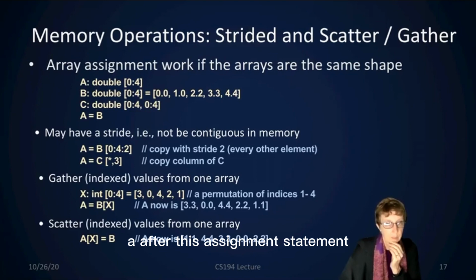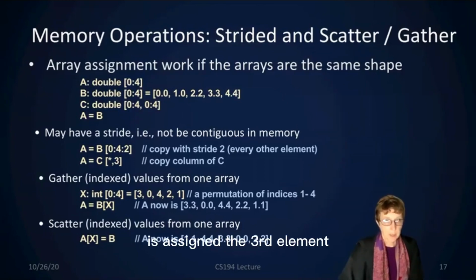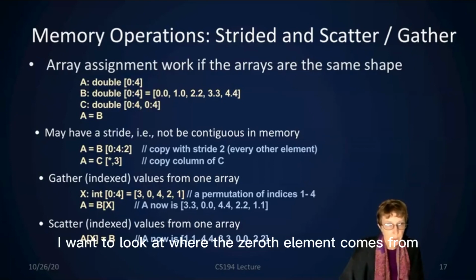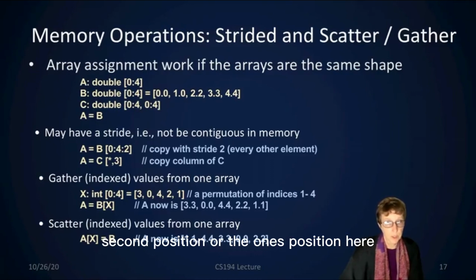For A after this assignment statement, the X index says the first thing I'm going to do is assign the third element. If I want to look at where the 0th element comes from, the 0 index in the X array is in the second position, or the ones position here. And so the first element is going to be that 1.0.